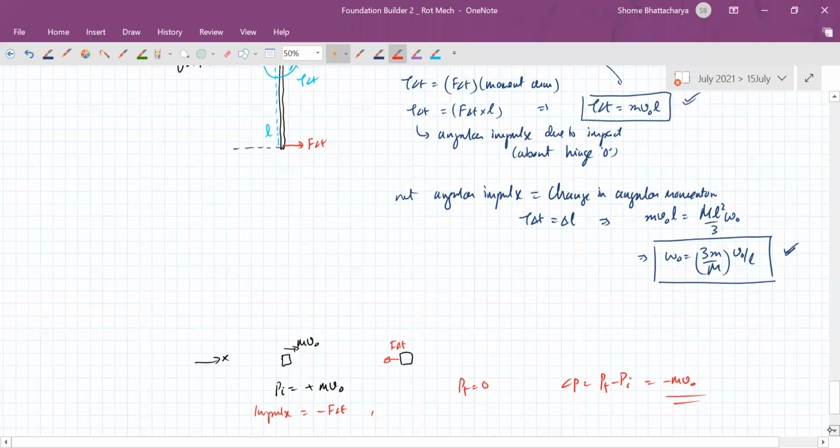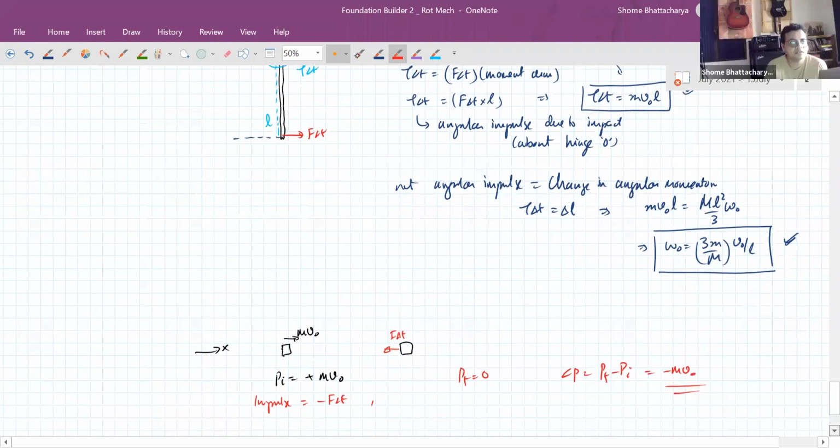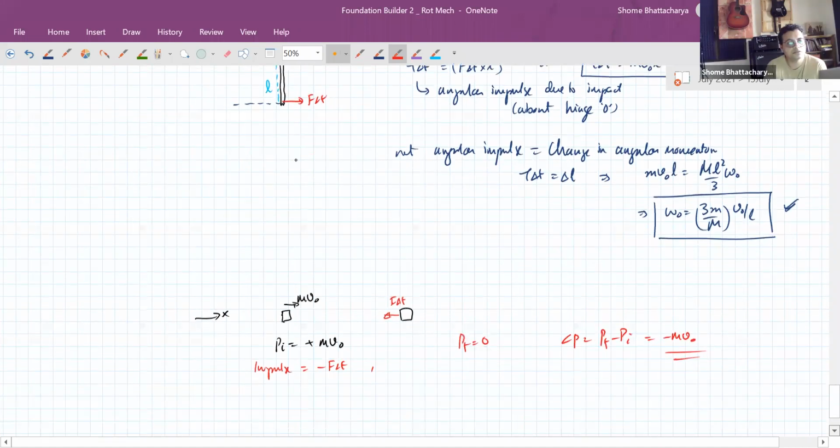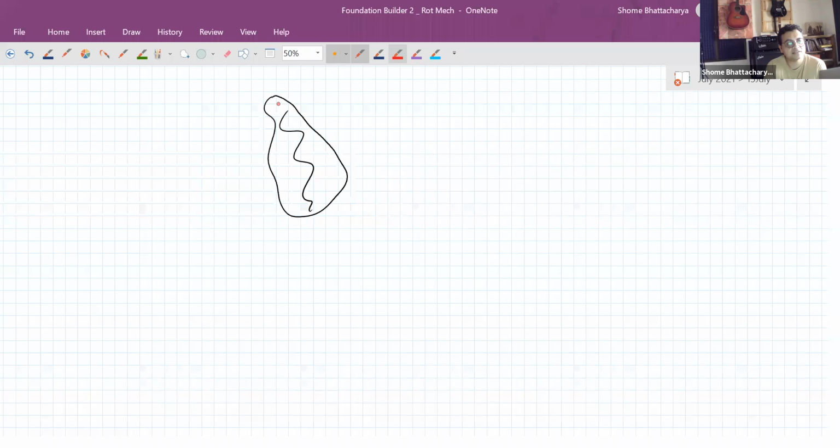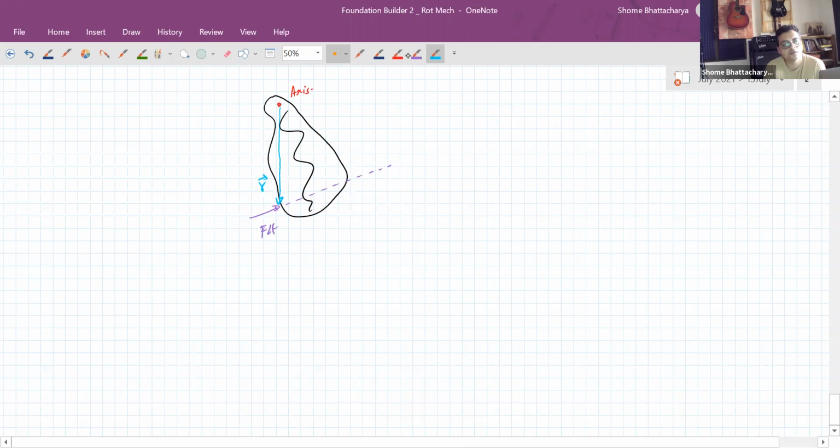Okay, so just to generalize this concept, if we have any rigid body which has a fixed axis over here, and then a linear impulse F delta t acts like this, whose line of action is like this, so the point of application of that force is this. The torque because of that force is r cross F. So the angular impulse because of that force becomes r cross F delta t.